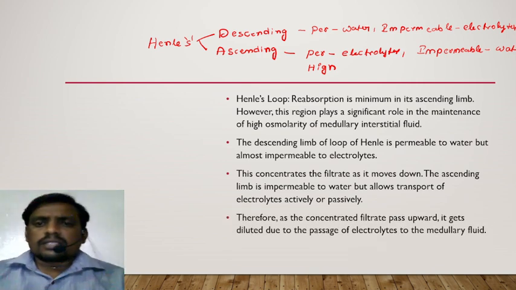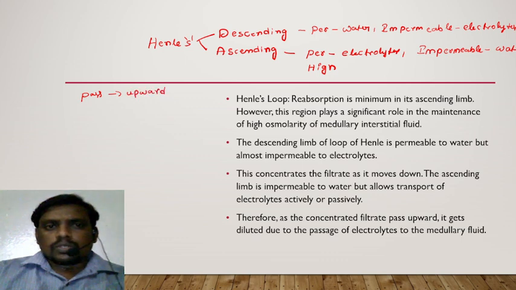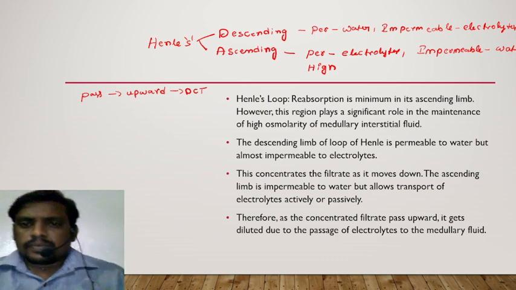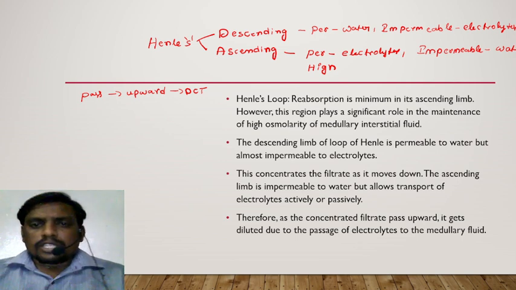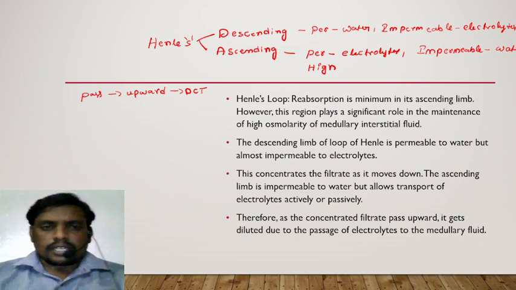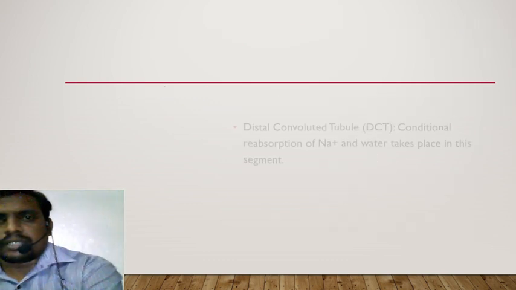Therefore, the concentrated filtrate passing upward towards the distal convoluted tubule gets diluted due to passage of electrolytes to the medullary fluid.